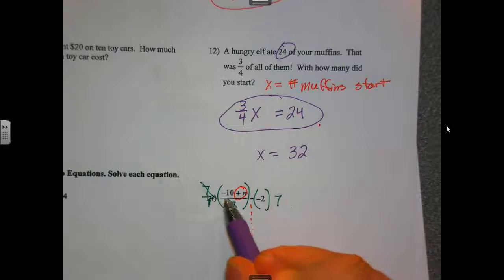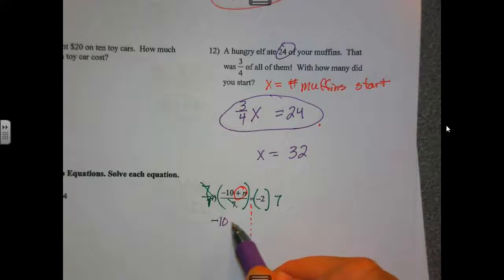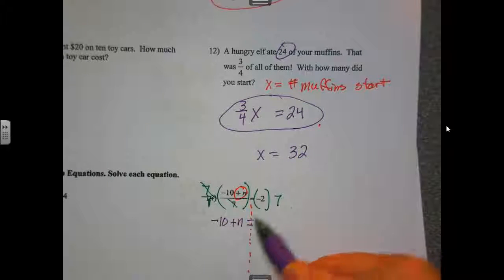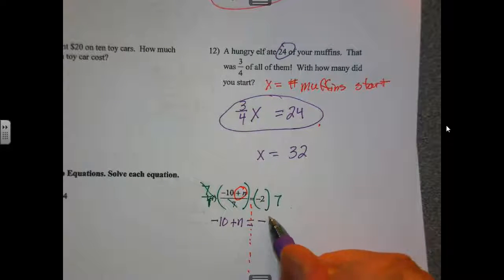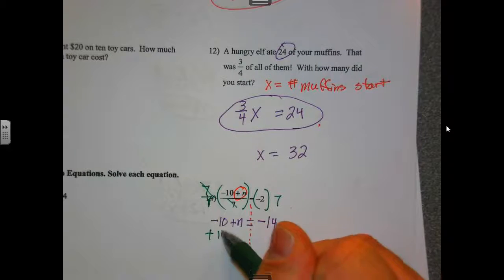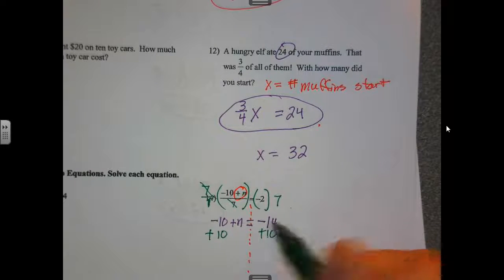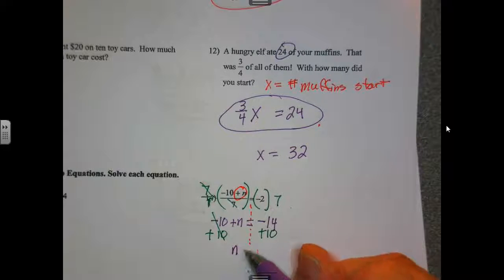So I get -10 plus n equals -2 times 7, -14. Add 10 to both sides. So I get n equals -4.